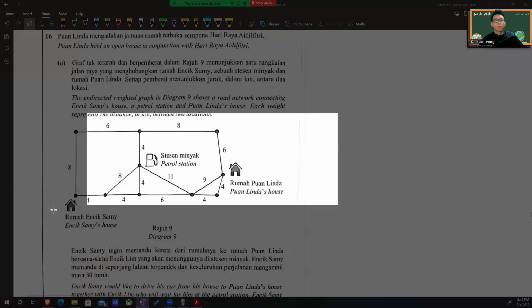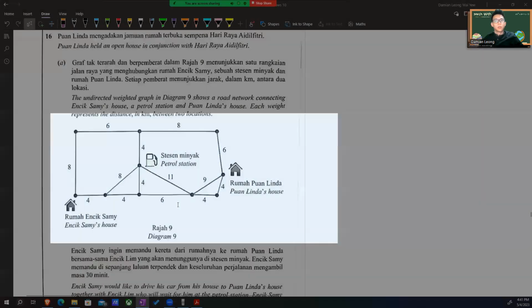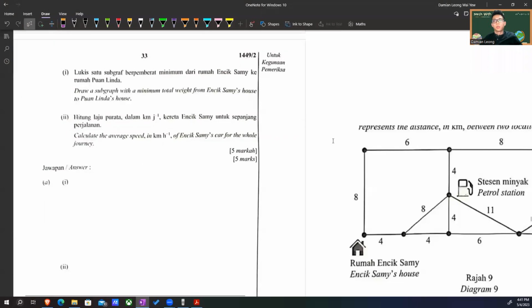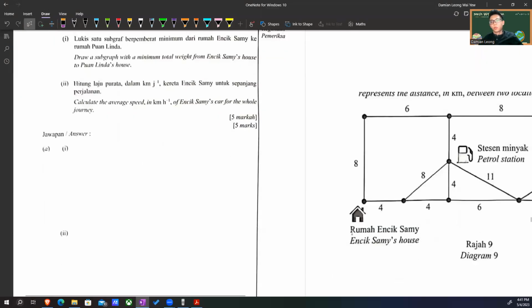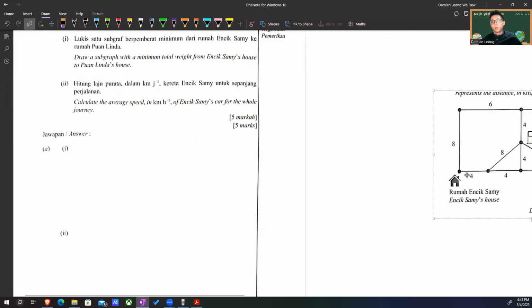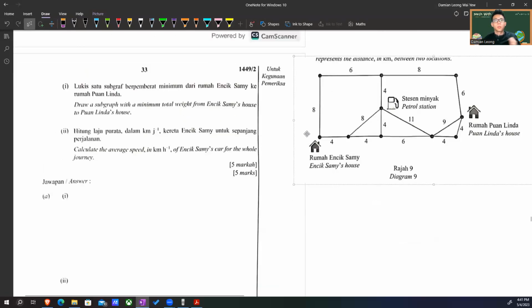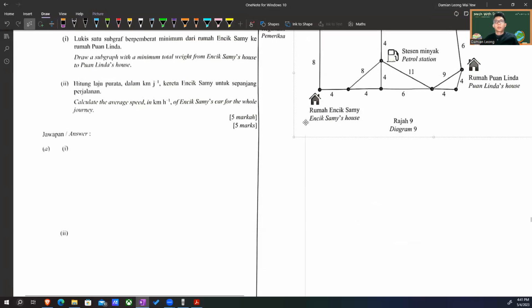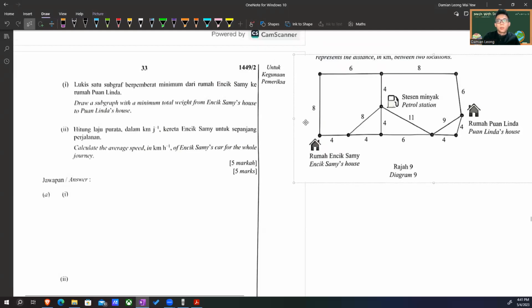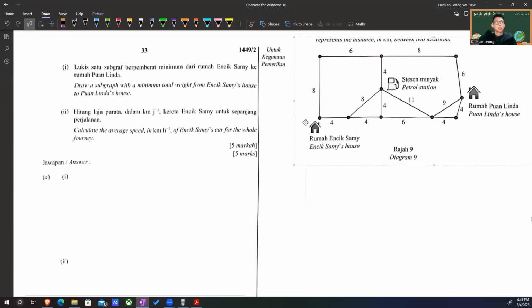Okay, let me do this here, easier for us to refer. So I want a subgraph from Encik Sami's house to Puan Linda's house.